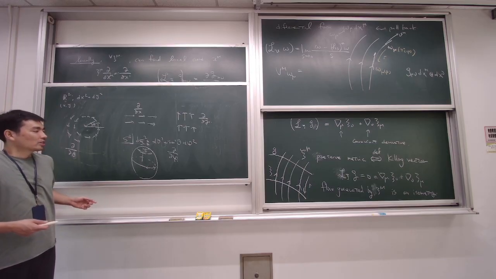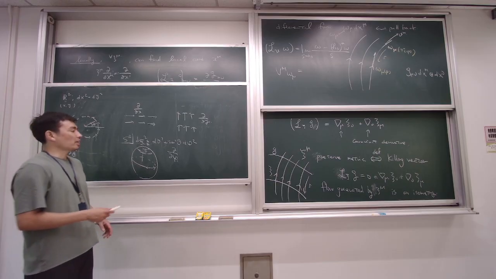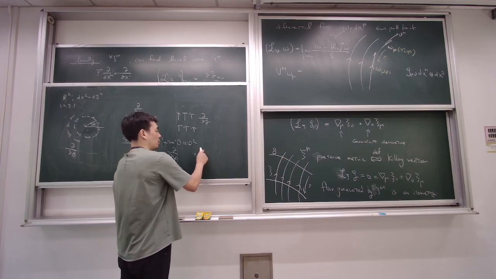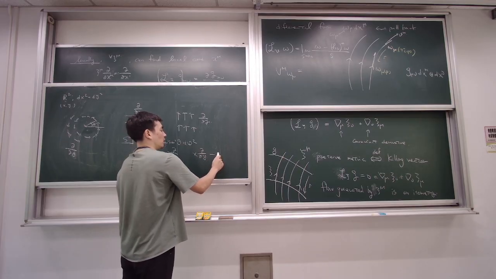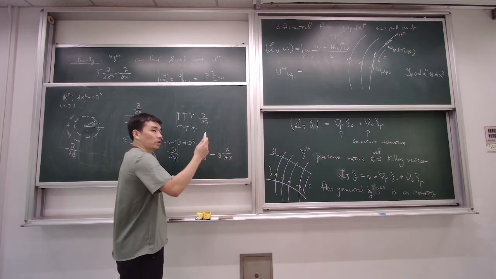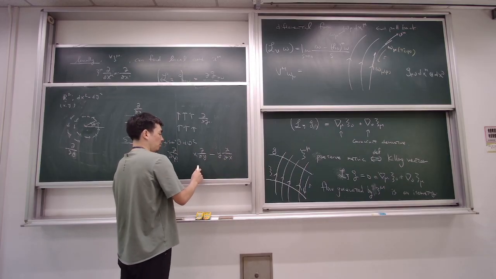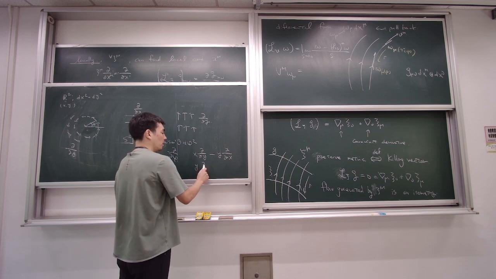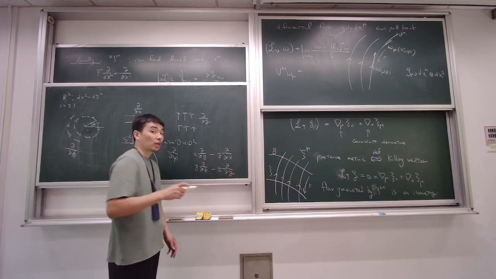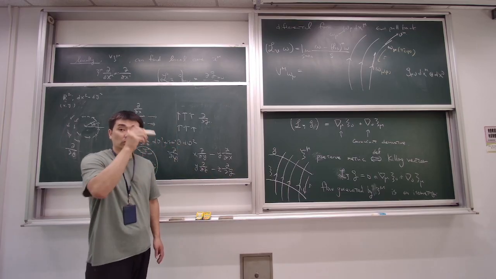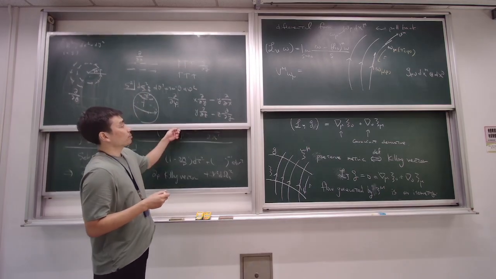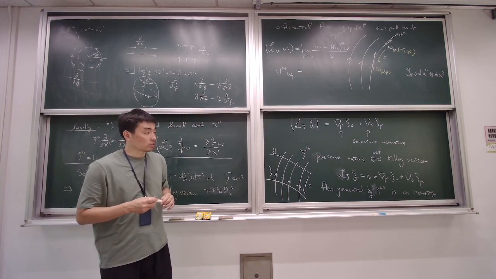If you write it in Cartesian coordinates, this is the rotation about the z-axis, but for instance y del/del z minus z del/del y is a rotation along the x-axis, and so on. Those are Killing vectors even for Schwarzschild.